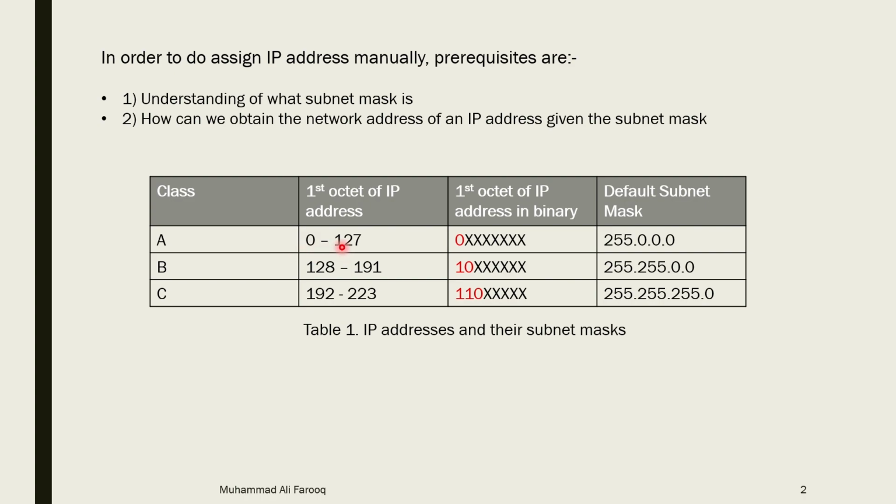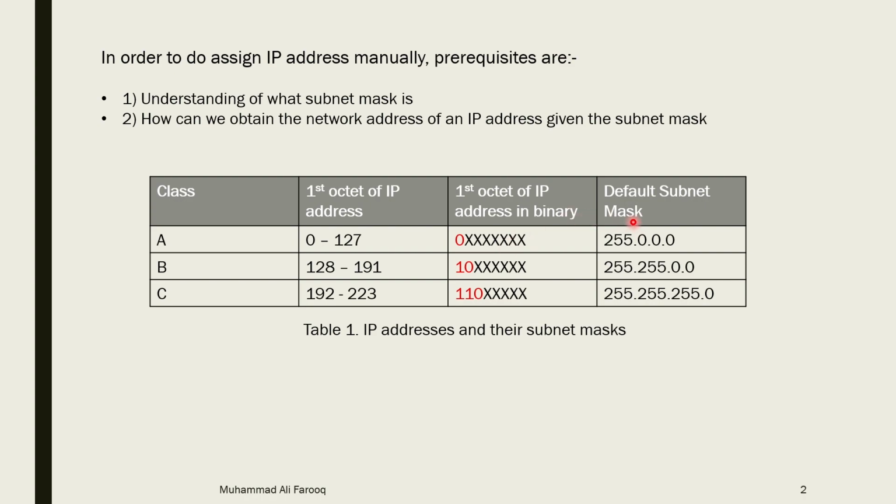If the number lies between 0 to 127, it belongs to class A; if it belongs to class B, the number would be between 128 to 191; and if the number lies between 192 to 223, it belongs to class C. If you have any difficulty remembering these ranges, you can convert the first octet of the IP address into binary, and you can easily identify the class of the IP address.